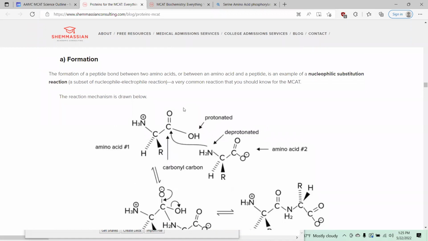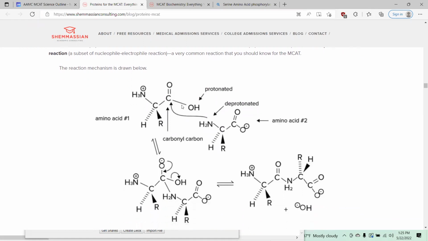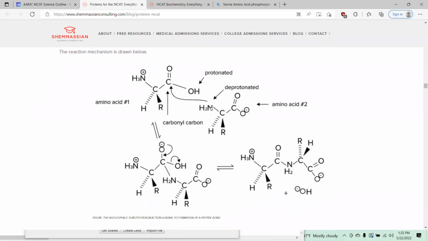And a peptide bond refers to the bond between 2 amino acids. So here, what happens is the electrons on this nitrogen reach out and attack this electrophilic carbon. This carbon is electrophilic because of this O group sucking away the electrons from the carbon.